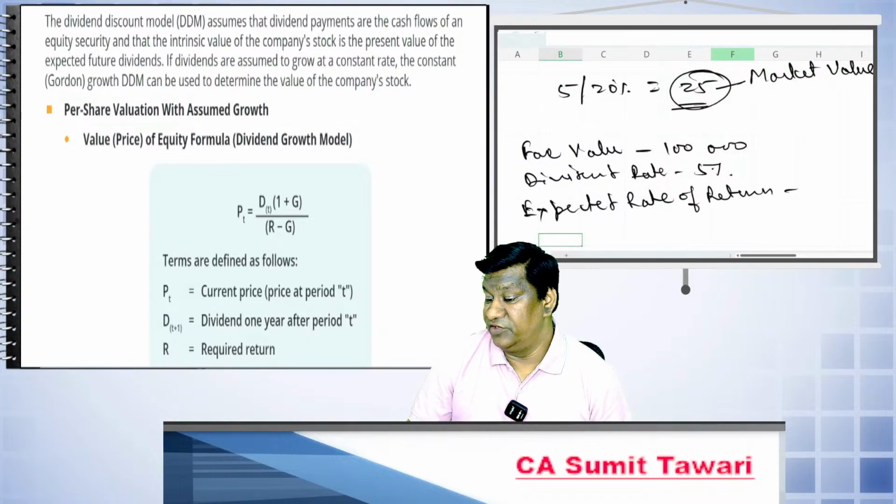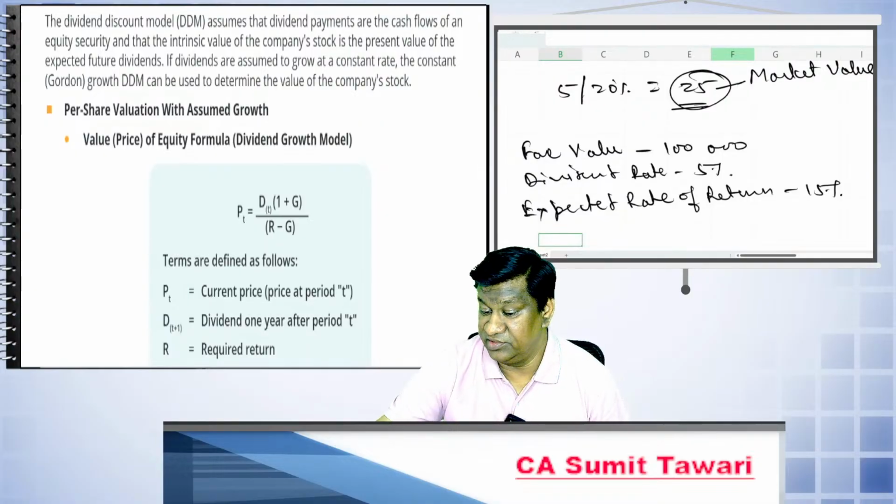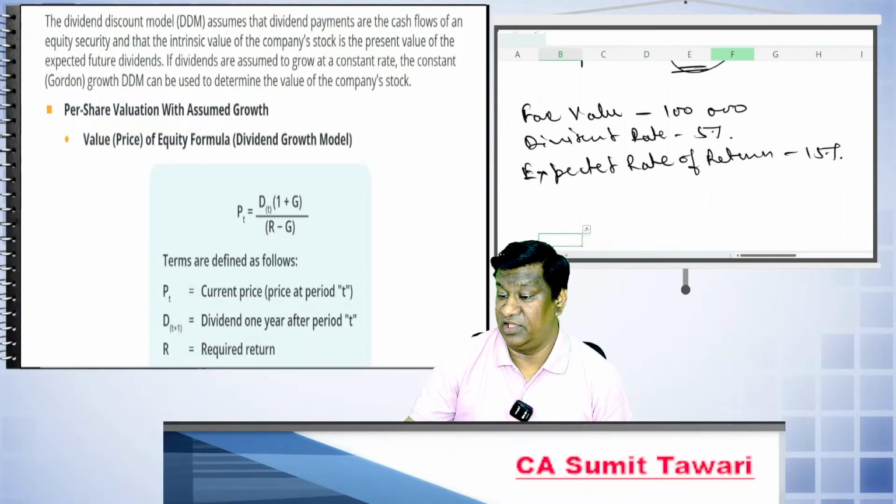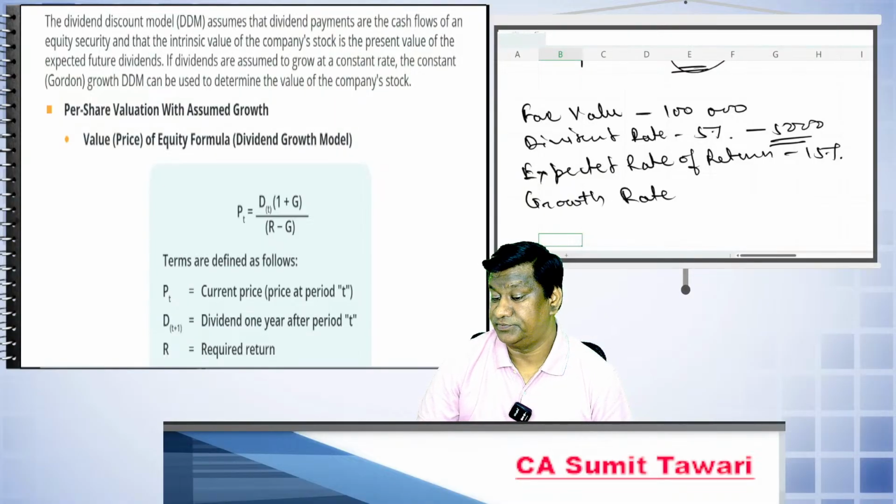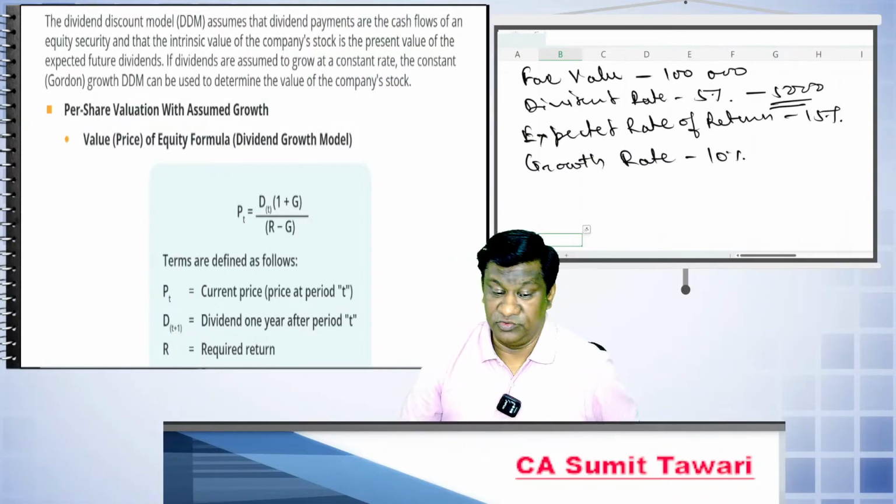One additional piece of information is the growth rate. 5% is 5,000, but it is not the case that every year you get 5,000. You will get a growth rate of 10%. Now we need to calculate.